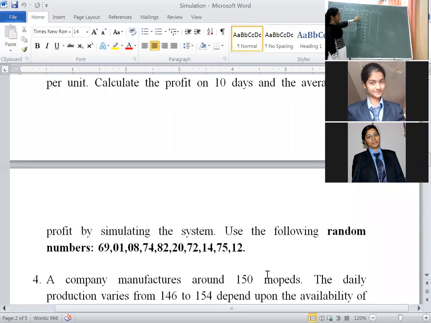Now, you know how to write the random number interval. You have to concentrate on cumulative probability. 0.10. Random numbers are again given in 2 digits, so you have to convert this in terms of numbers. The previous number of 10 is 9, so we include 0 to 09. In the next class interval, the previous number of 30 is 29, then 30 is included in the next class interval.